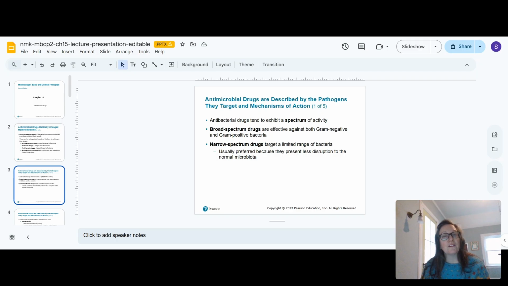We usually prefer the narrow spectrum drugs, especially at first in treating a disease. They are less likely to cause disruptions in our gut microbiota, and they are more specific, hopefully targeting the infectious agent.